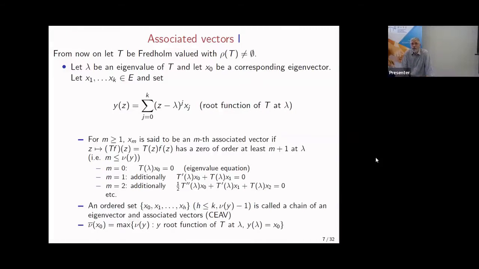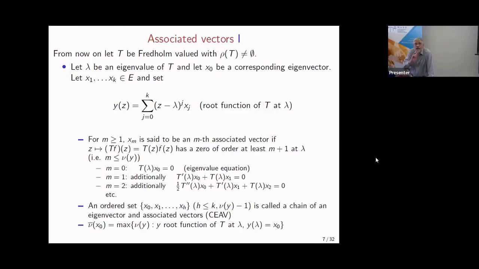And then we look at any index m greater than or equal to 1, and x_m is said to be an m-th associated vector if that vector function Ty has a zero of order at least m plus 1 at lambda. So when that function Ty has a zero of order 2, for example, then there's a first associated function.